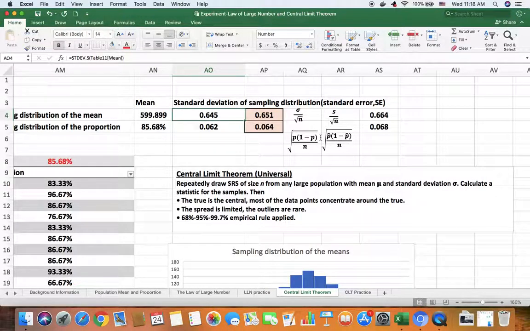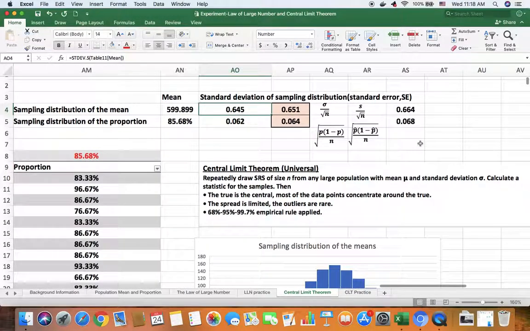Anyway, in real life, we usually need to address the population. We don't know the population mean, standard deviation, and proportion. And we can only randomly draw one sample from the population.